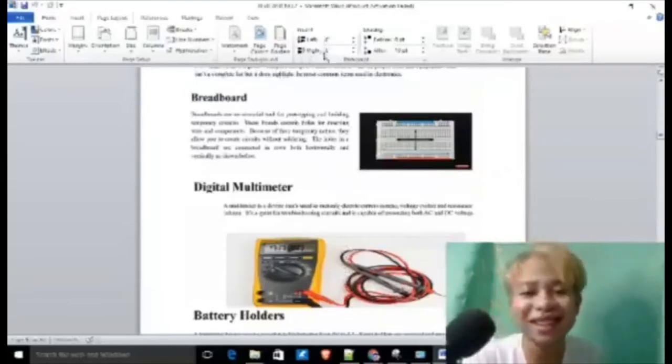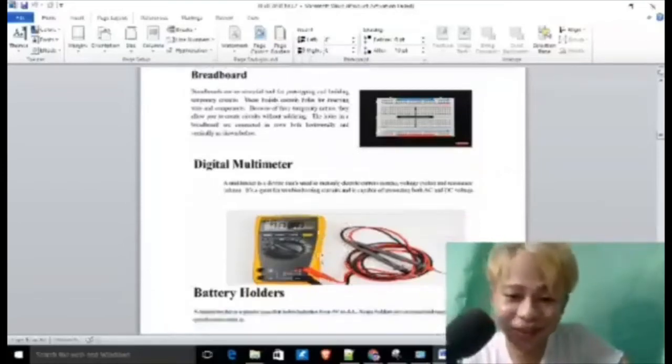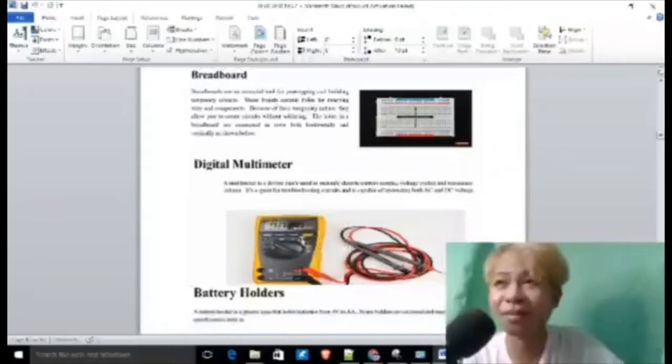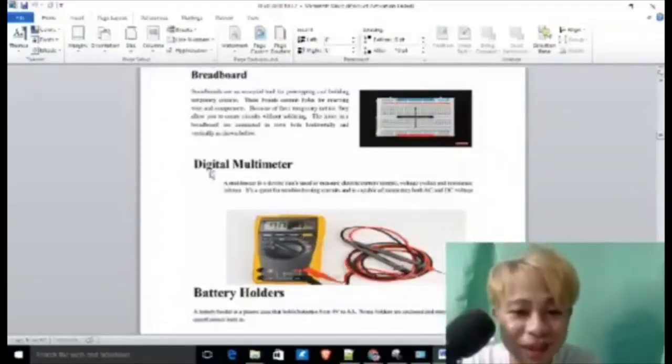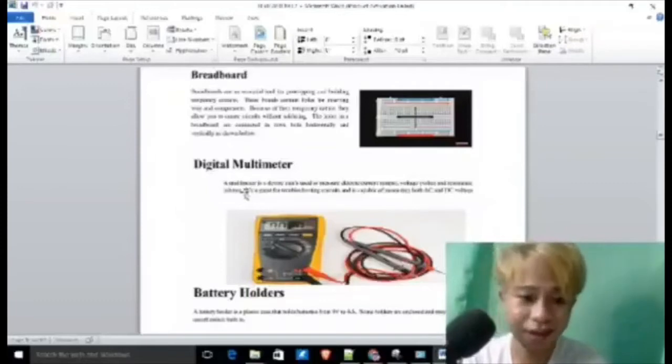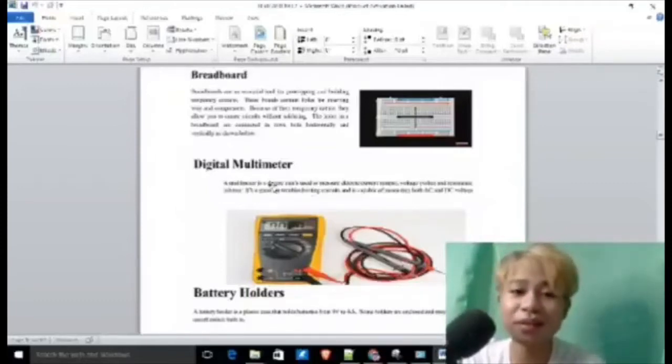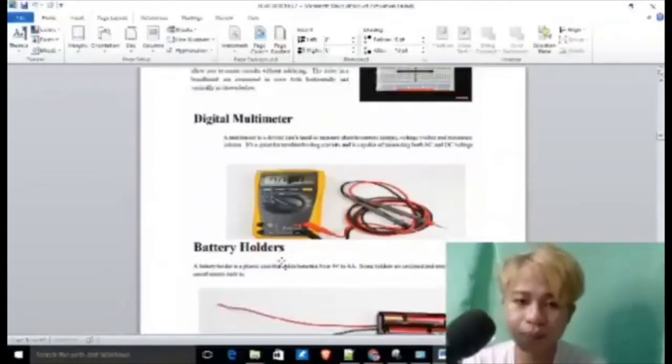Yeah. So, digital multimeter. I think this is for electricity purposes, to verify the negative, just like that. But for further explanation, it is a device used to measure electric current in amps, voltage, and resistance also. So it's really important for performing activities.